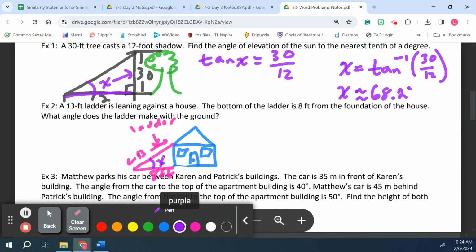Now we have an adjacent and we have a hypotenuse. So what are we using here? Sine, cosine, or tangent?